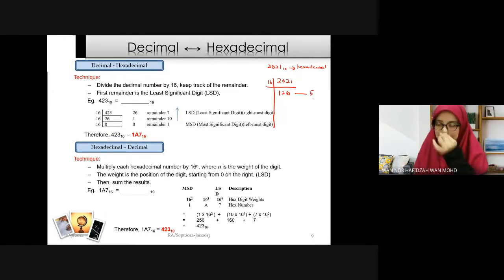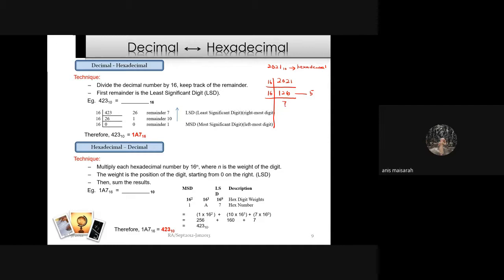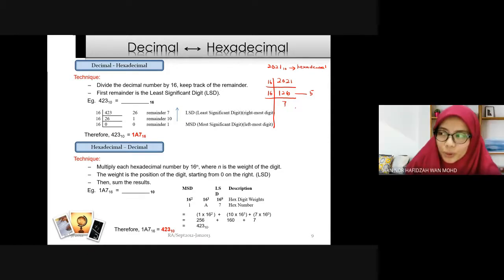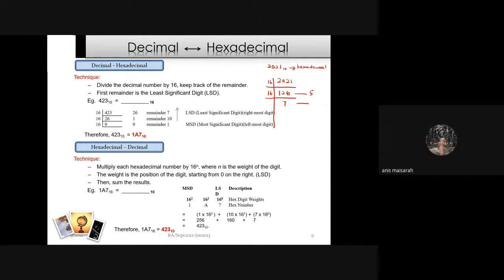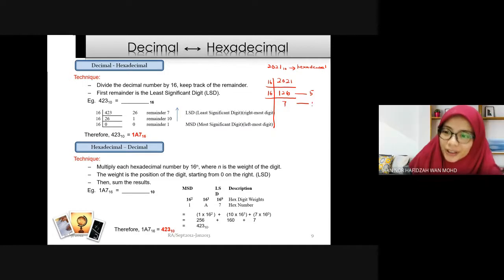Okay, then 126 divided by 16. Others please press the calculator too. 7.875, so 0.875 times 16 is 14.